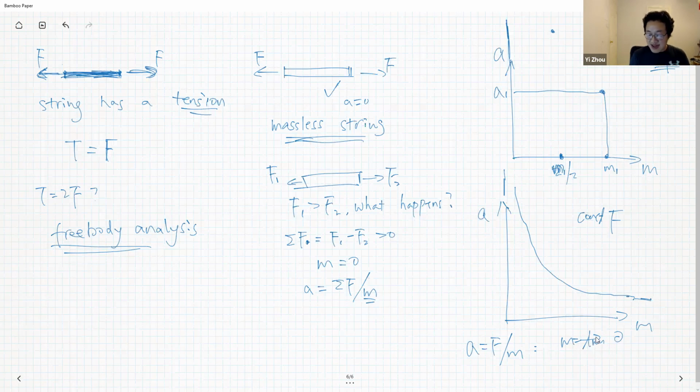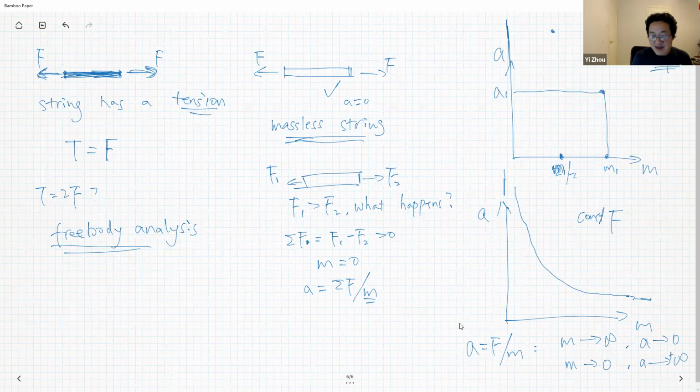Let's say just write something like this. If M goes to infinity, we know that A will go to 0. Another way, if M goes to 0, acceleration will be infinity, right?